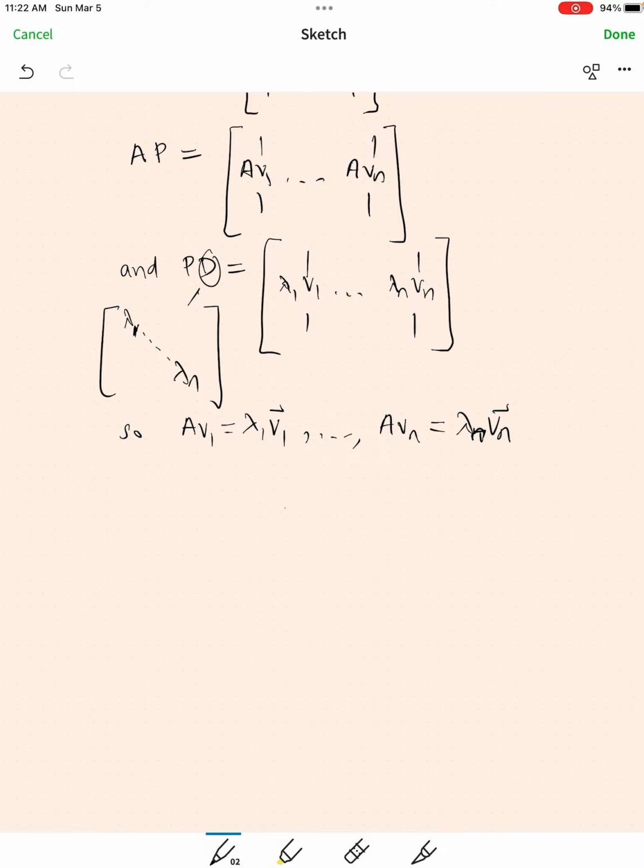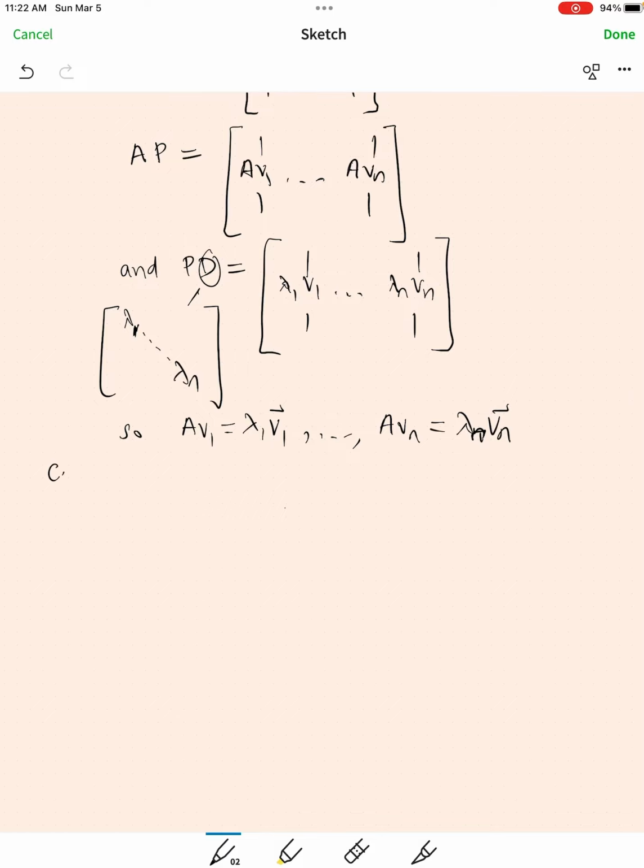And the V1 through Vn have to be eigenvectors that correspond to the eigenvalues. And so that's another way of thinking about the fact that A has this form, PDP inverse. It means that it has n distinct eigenvectors, right? So let's just write that down.